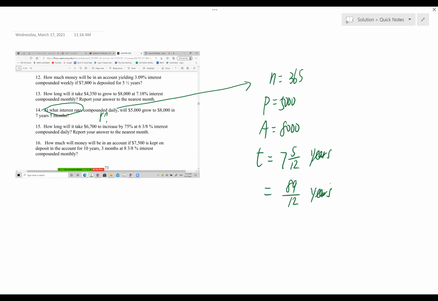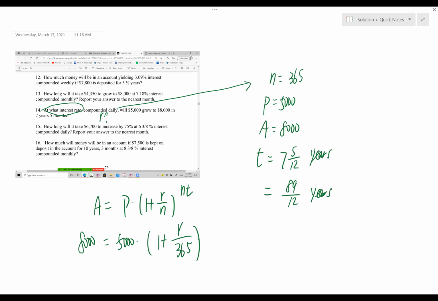Now that we have time t and all of this, we are solving for the rate. First of all, let's put all of this into the compound interest formula, 1 plus R over N to the nt. So 8,000 equals 5,000 times 1 plus R over 365, where R is not known but N is 365, and the exponent is 365 times 89 over 12.